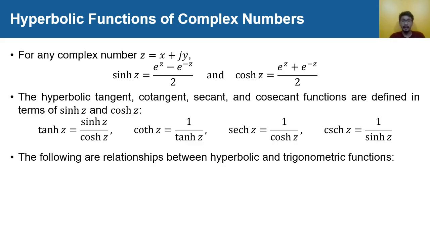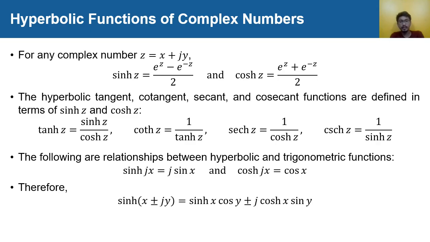The following are the relationships between hyperbolic and trigonometric functions. We now have sinh of jx is equal to j sine x, and cosh jx is equal to cos x. So therefore, from those relationships and from trigonometry, we can obtain the following formulas for hyperbolic functions of complex numbers.